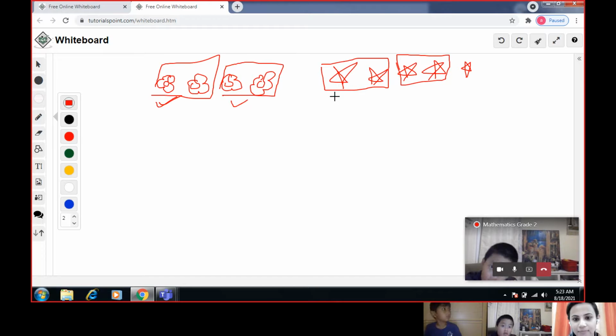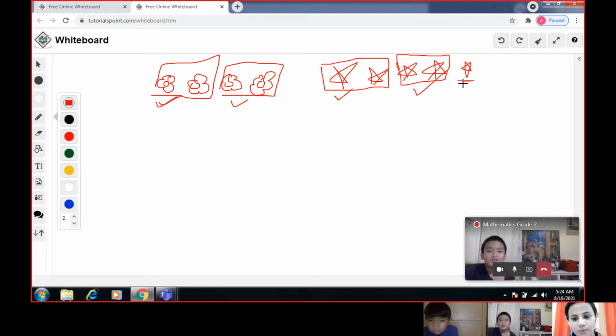In one pair there are 2 sets, but see, there is one remaining. We can't make the pair of this. That's why this is called an odd number.